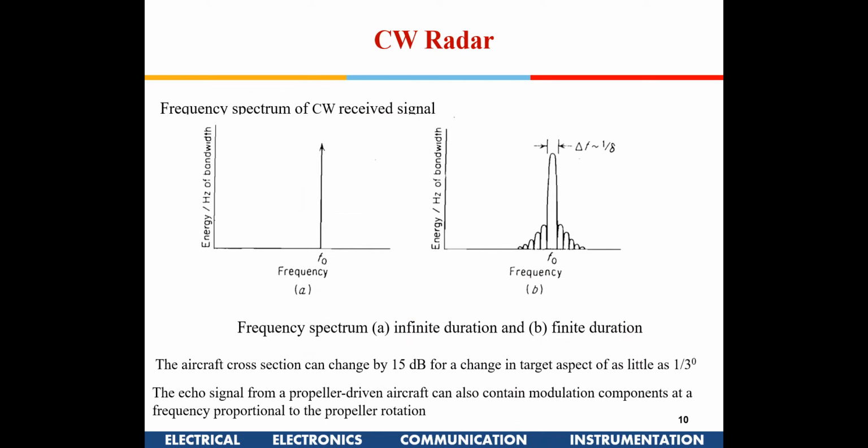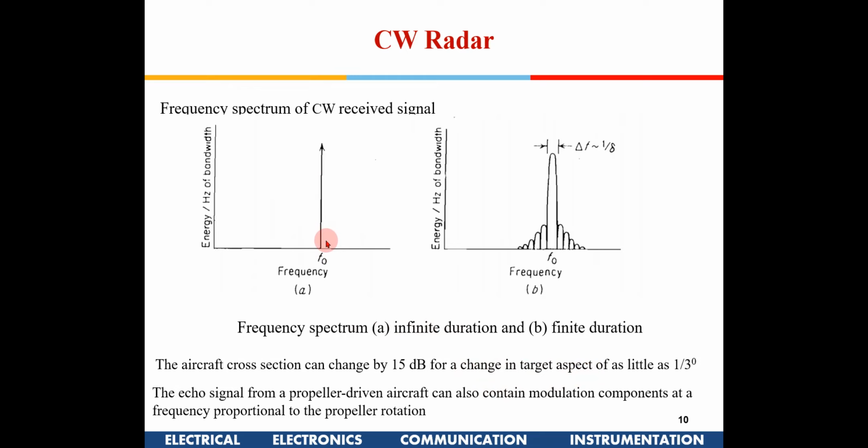Now there's another issue. Ideally this is the spectrum of the received signal, this is how it should be. But the cross section offered by the target will not be constant, because it is moving, so there would be a change in the spectrum because of the change in the target aspect ratio.